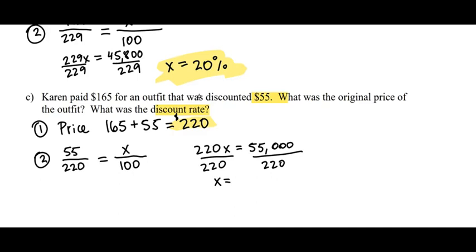Let's do it again. What was the discount rate? Something's wrong there. 55. Oh, not 55,000. 5,500. That's why I have an extra 0 here. That's why it's not making any sense. All right. So we have 25%.